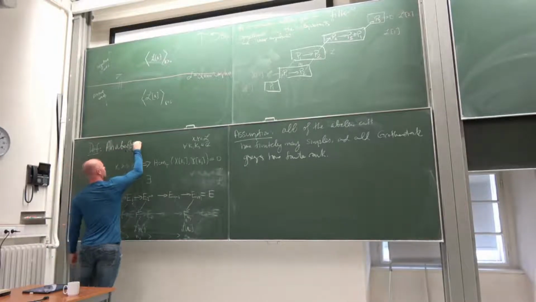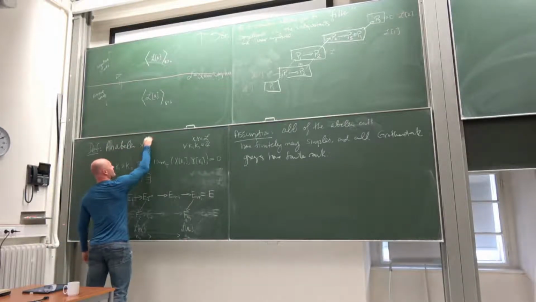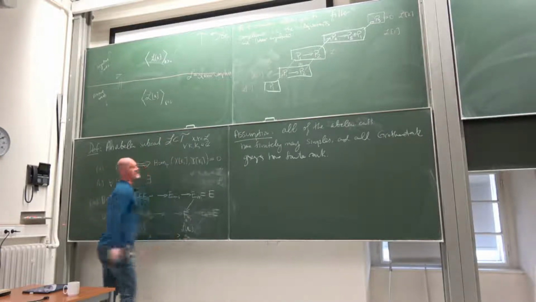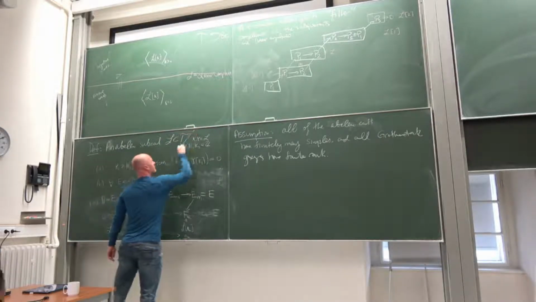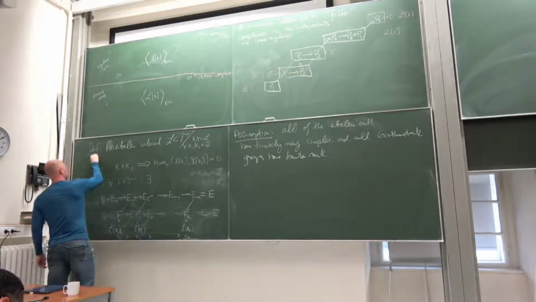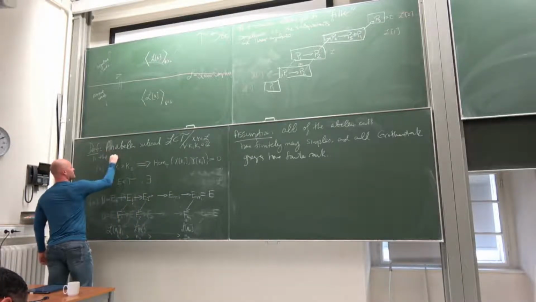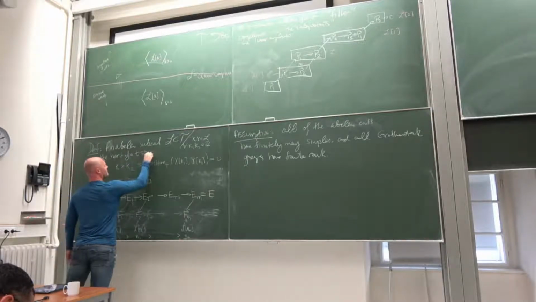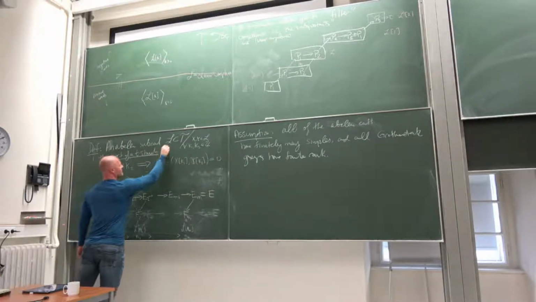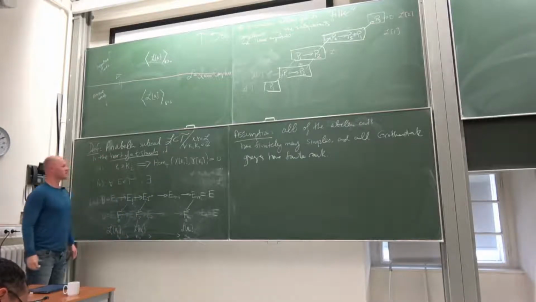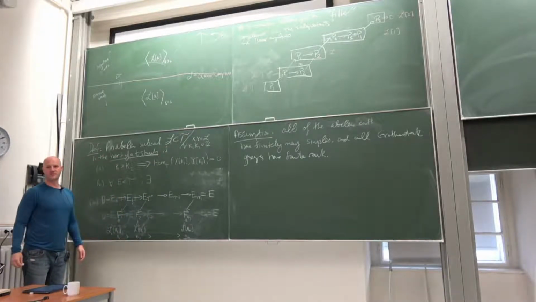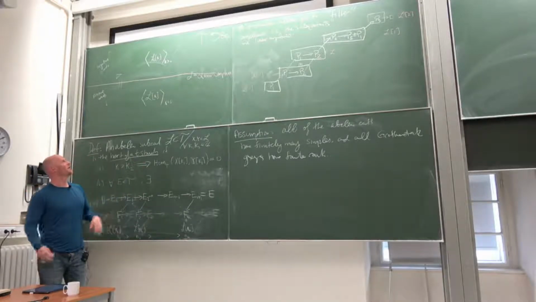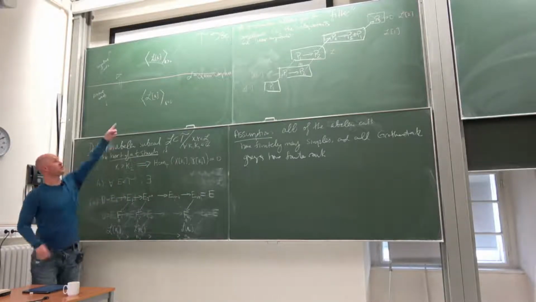Okay, so an abelian subcategory L in a triangulated category T is called the heart of a T structure if two conditions hold. We've got a triangulated category, think our triangulated category. We've got an abelian subcategory, think linear complexes.